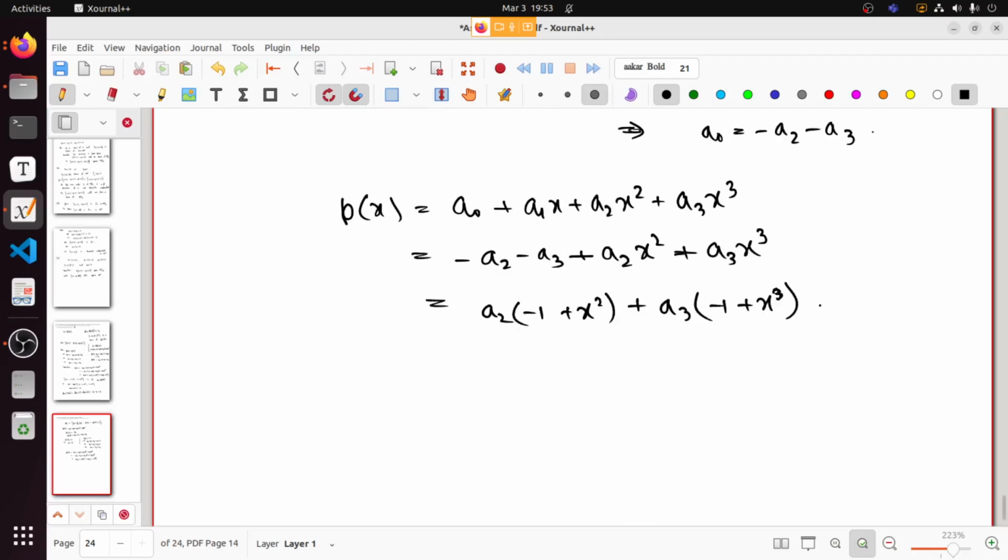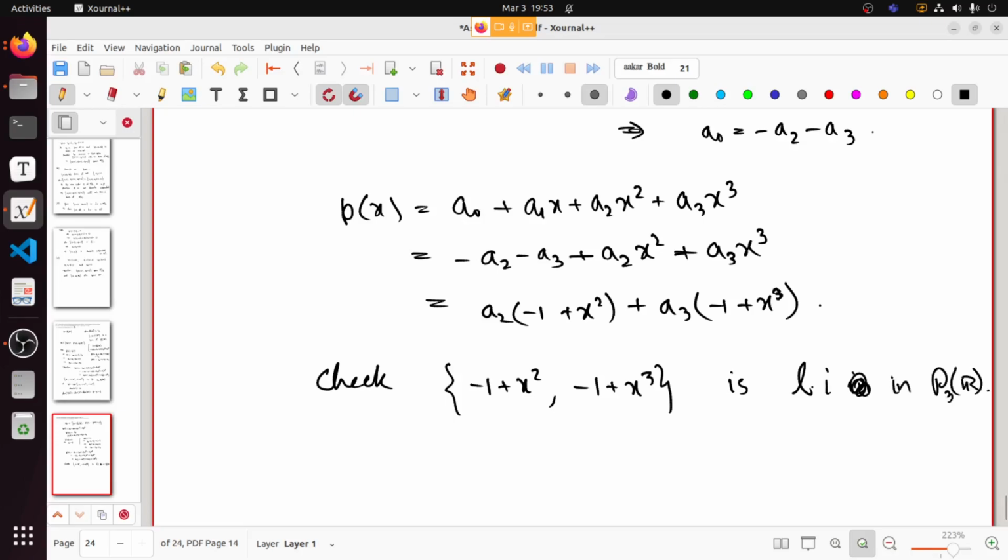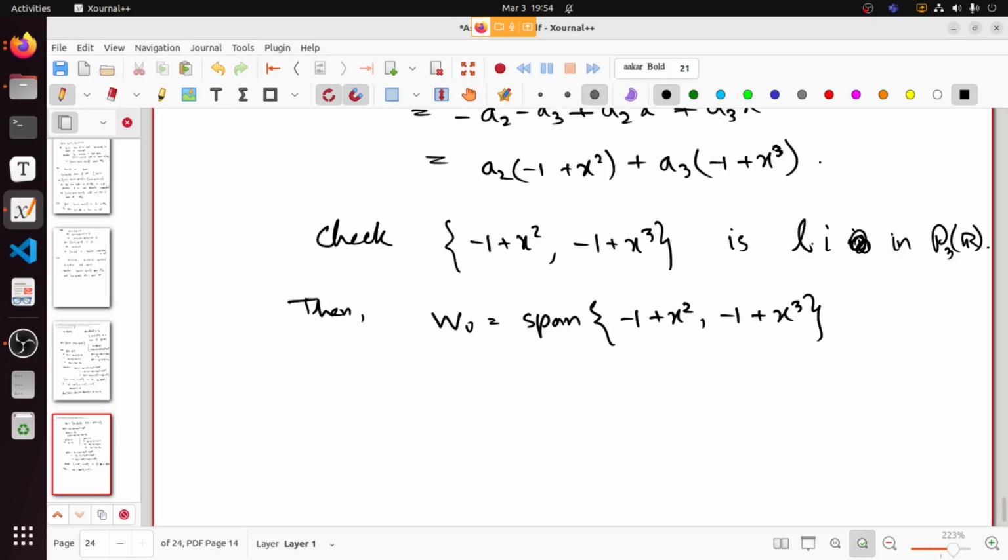Now you check that this set, minus 1 plus x squared and minus 1 plus x cube, is linearly independent in P3R. Right. So then W naught will be the span of minus 1 plus x squared, comma minus 1 plus x cube. So therefore dimension of W naught will be 2.